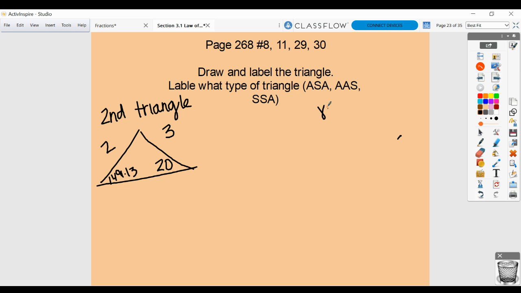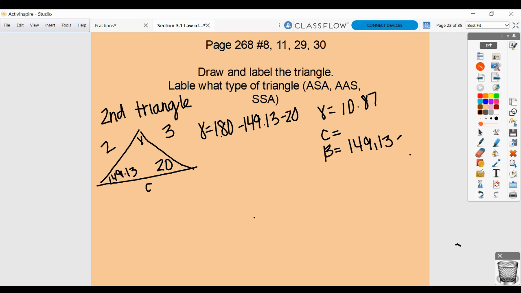So we need gamma and c, because we already found beta. So that's 149.13. You can find gamma by subtracting, and you get 10.87.